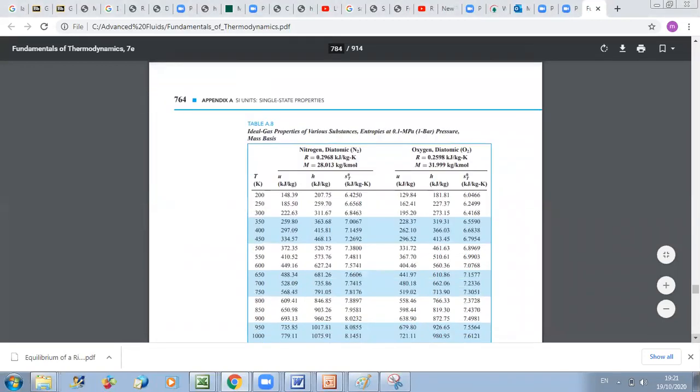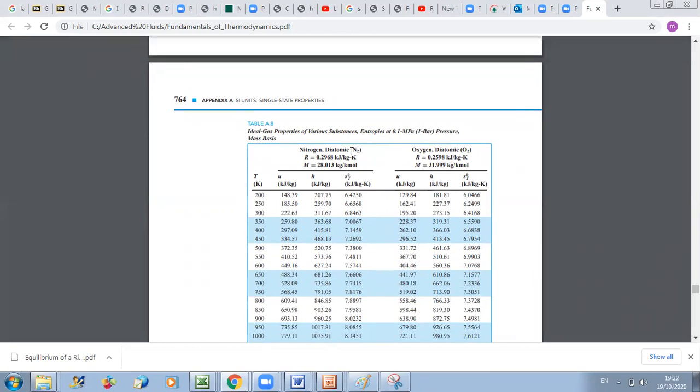Now, for example, here you also have ideal gas properties for substances that we frequently encounter, such as O2 and N2. So here you can see that if you have a certain gas, for example N2 or O2, you also have tables for these gases, since they are widely used.